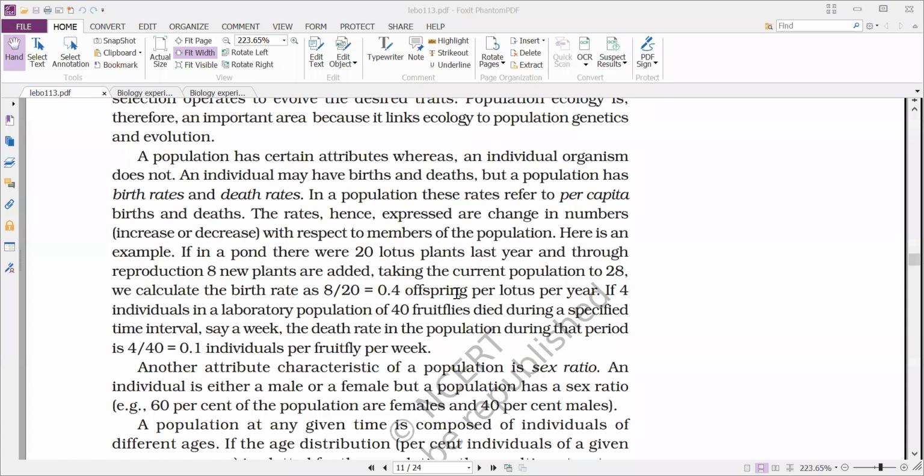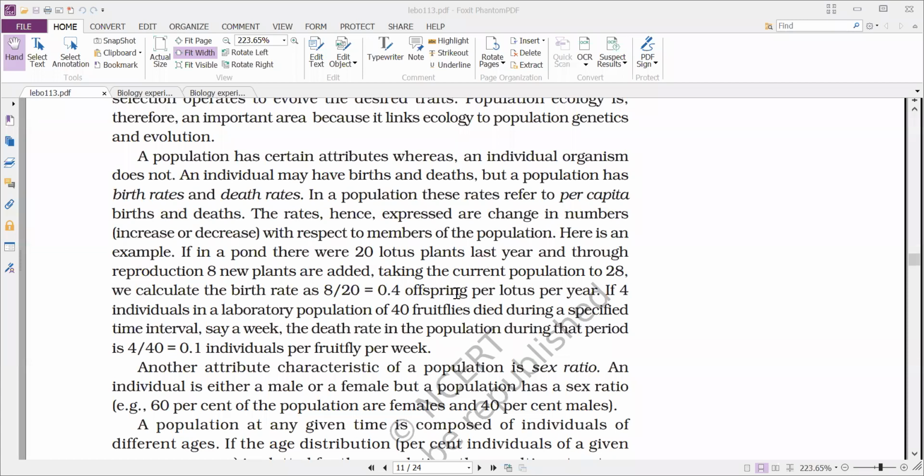Here is an example. If in a pond there were 20 lotus plants last year, and through reproduction 8 new plants are added, taking the current population to 28, we calculate the birth rate as 8/20, the newly added in that year divided by the initial population.